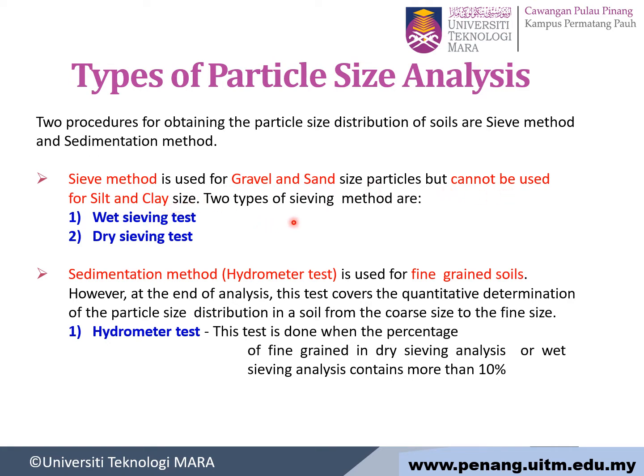Two types of sieving method are the wet sieving test and the dry sieving test. The sedimentation method, which we call the hydrometer test, is used for fine grained soil. At the end of the analysis, this test covers the quantitative determination of the particle size distribution in the soil from coarse size to fine size. The hydrometer test is done when the percentage of fines in dry sieving or wet sieving analysis is more than 10%.